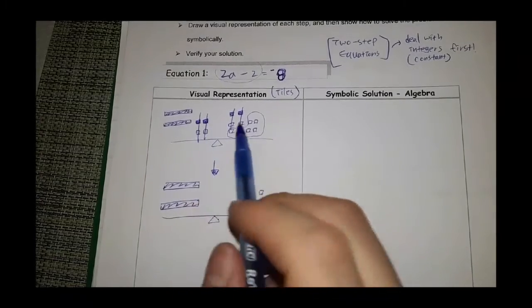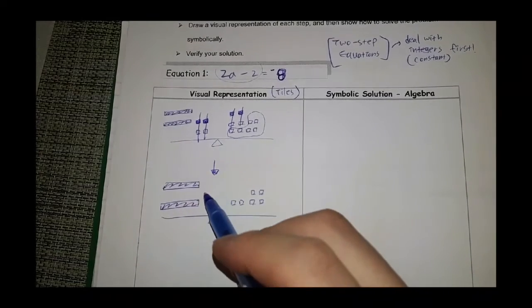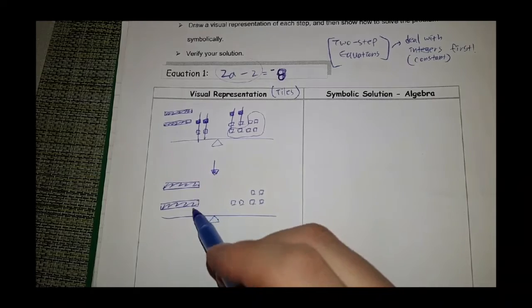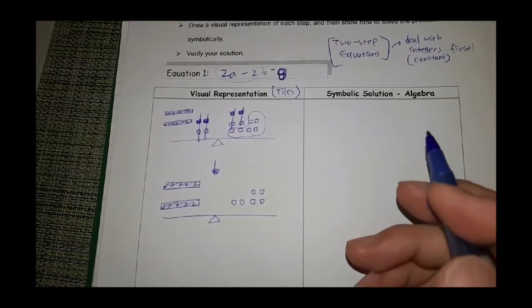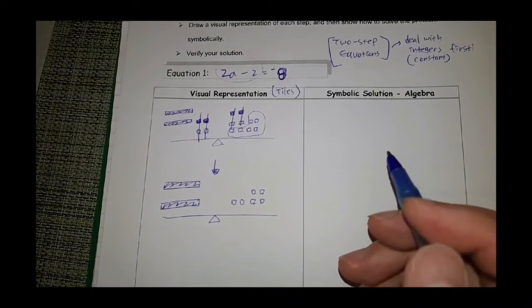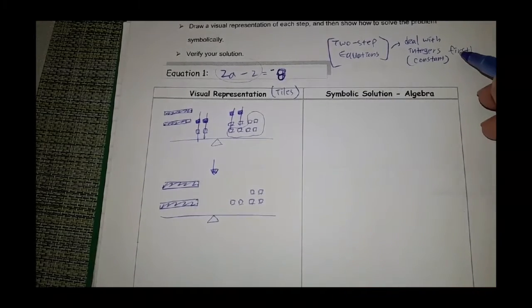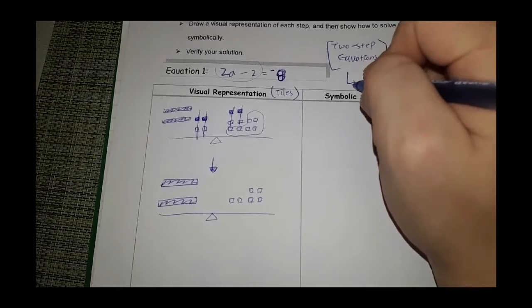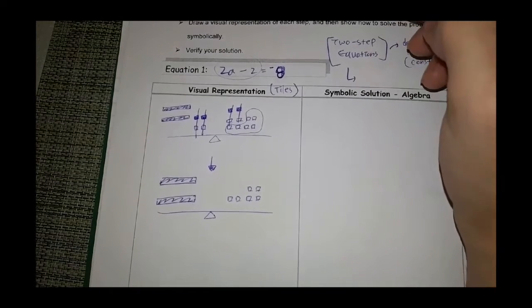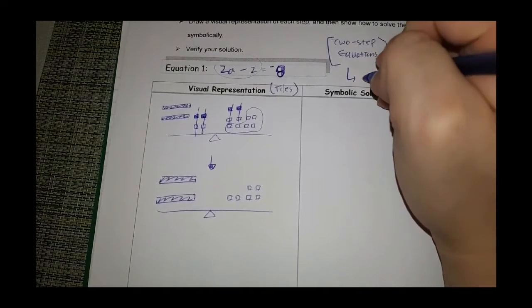As you may notice, with that zero pair, we don't have any of the integer tiles on the left side. We only have each of those variable strips left. Now, here's what we need to do. When we first deal with the integer, then we need to deal with our variable.